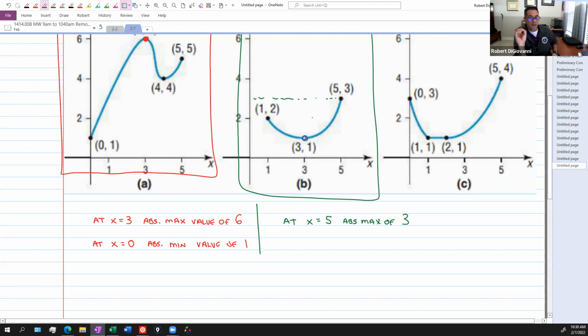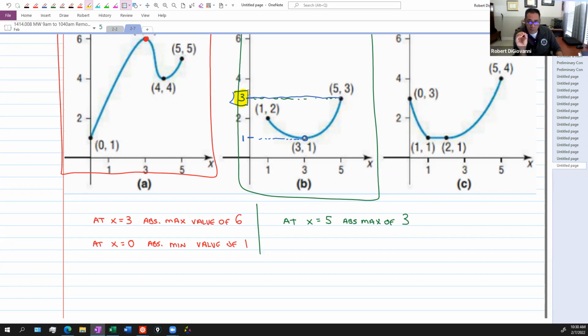Here's the y value of 1. Michael already said the highest value we ever get is 3, and we actually reach 3, it's a solid dot. But on the bottom, there's a hole, isn't there?